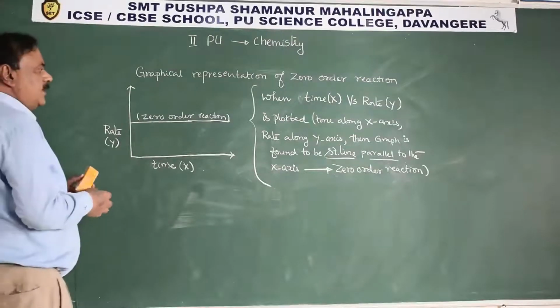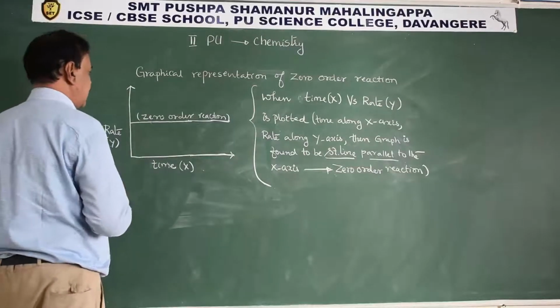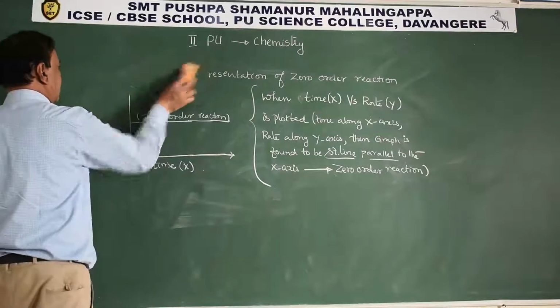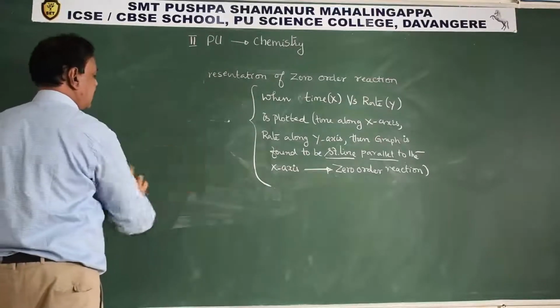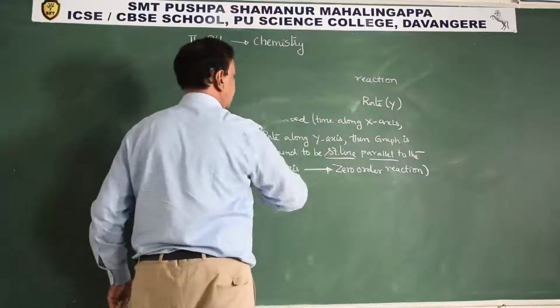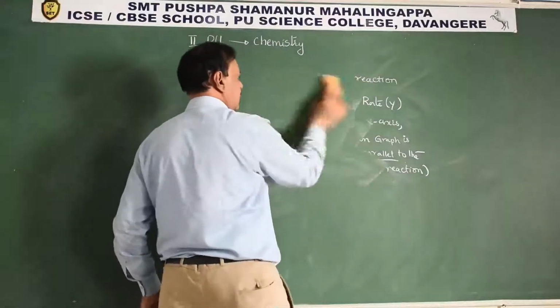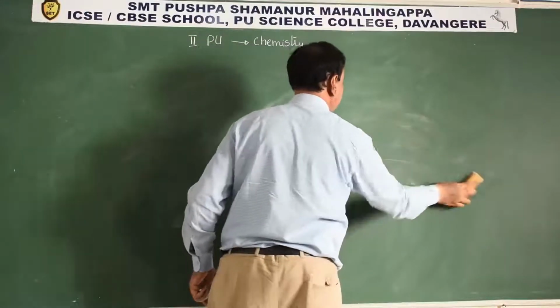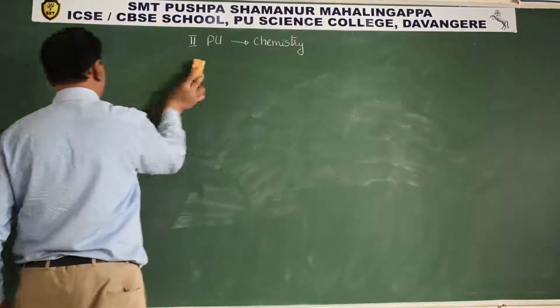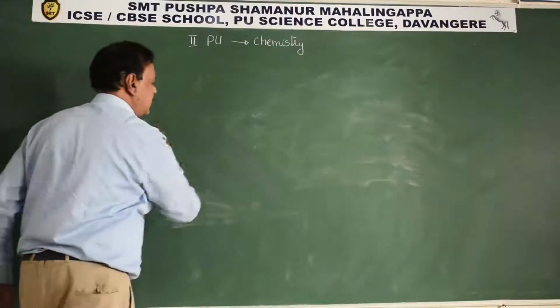Then one more nature of the graph is there. Already mentioned, there is time versus concentration. There is also half-life period versus initial concentration.